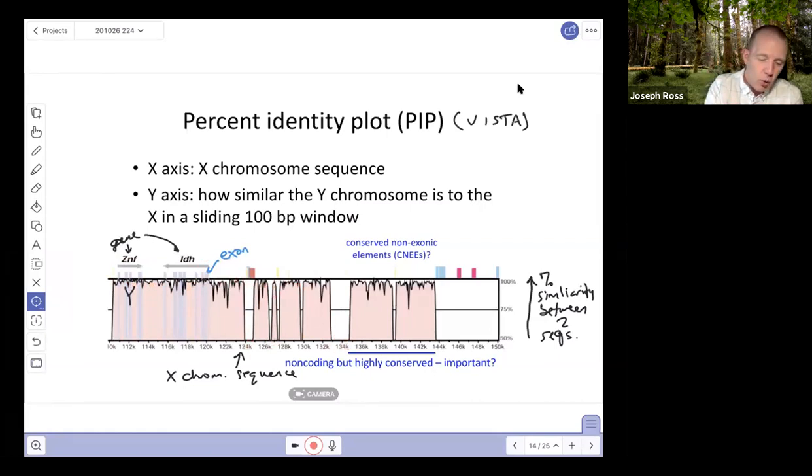But what happens when we have a region of a chromosome, for example here where I've circled it in yellow, why would that region be highly conserved between the two chromosomes or between two different species if there's no gene there? That is phylogenetic footprinting, and that's how they can be identified using this sort of plot.